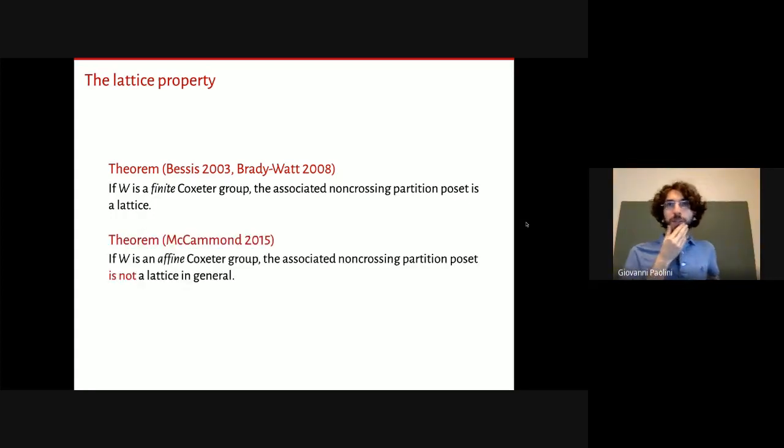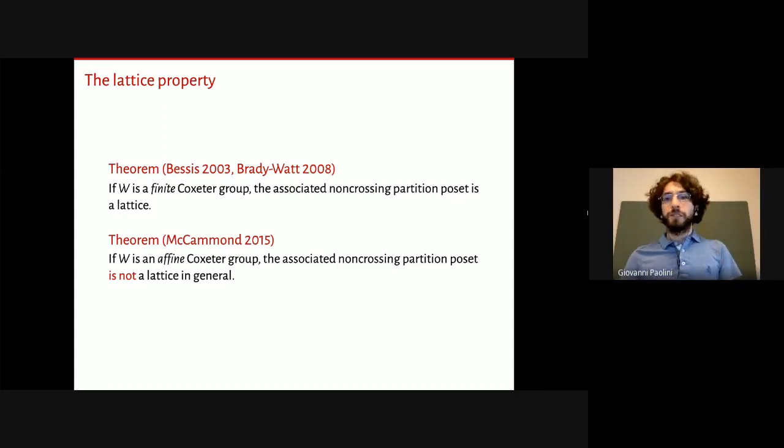However, a couple of years ago, McCammond showed that if W is an affine Coxeter group, the dual poset that you get from this construction does not necessarily have the lattice property. In fact, McCammond gives an explicit characterization of when the lattice property is satisfied and when it is not, and most affine Coxeter groups fail to have the lattice property.